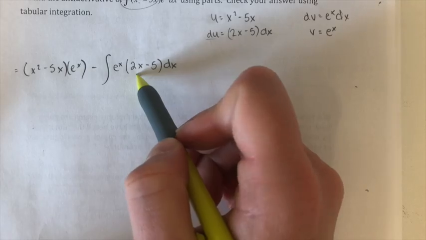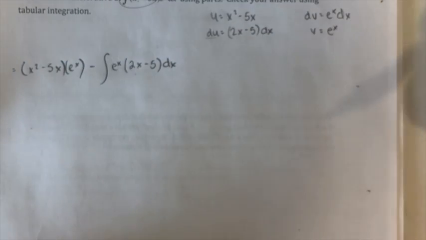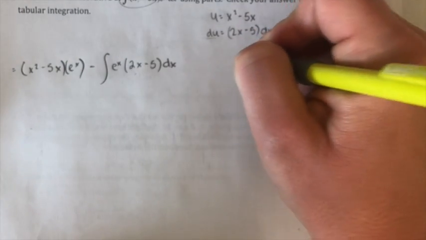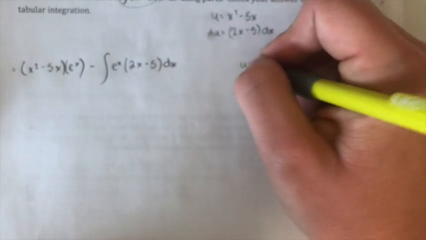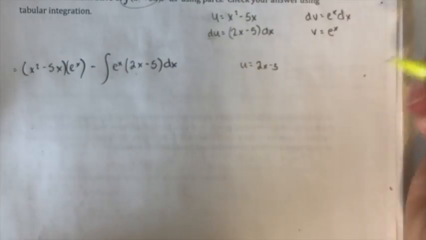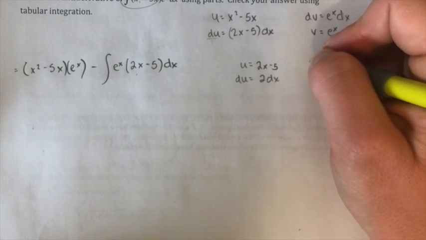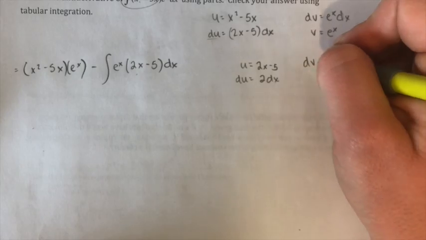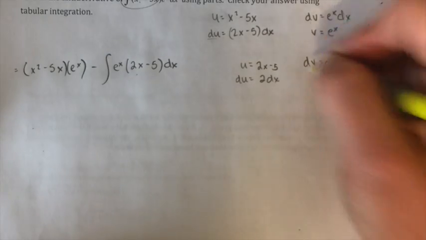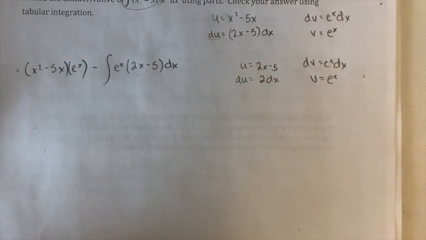So notice how instead of now having an x squared, we have an x, so we're getting there, but we're going to have to do another iteration. So now u is going to be this 2x minus 5. du is going to be 2 dx. dv is e to the x dx again, and then v is just e to the x.